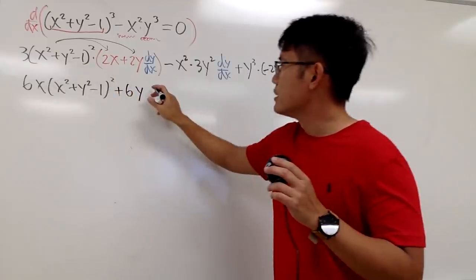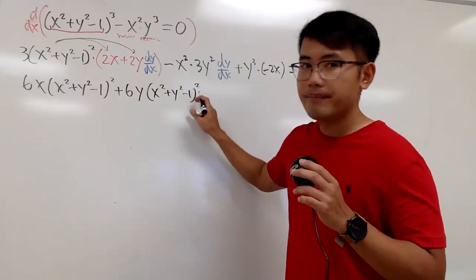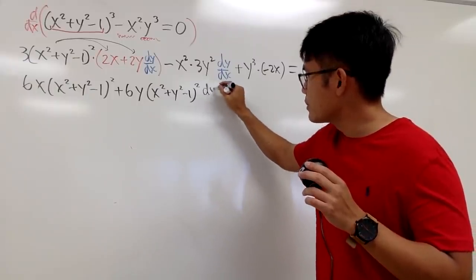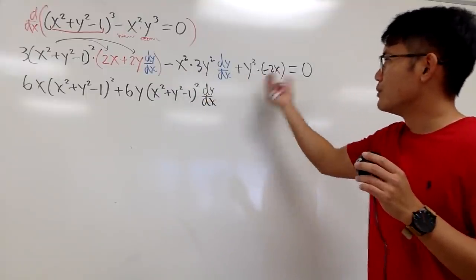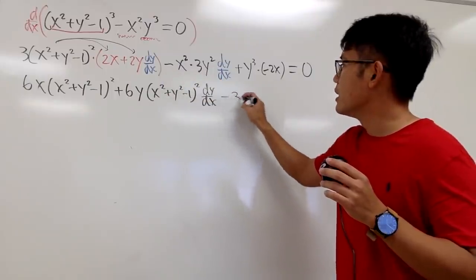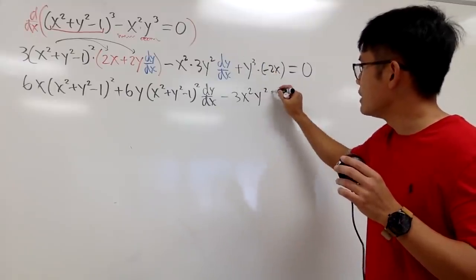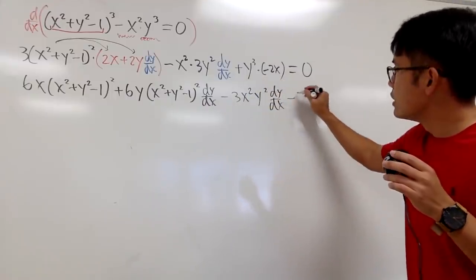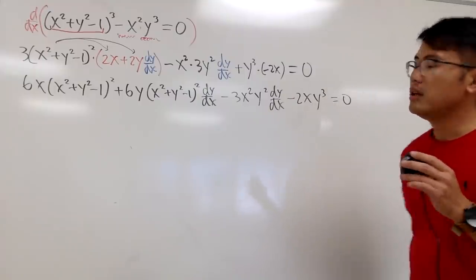I will put this down first, so parentheses x squared plus y squared minus 1 squared, and I'll put down the dy dx right here. And perhaps I will just write down the rest in a nicer way. Here we have the minus 3 x squared y squared, like that. And then we have the dy dx here as well. And this times that, it's minus 2x y to the third power. And all of them, it's equal to 0.